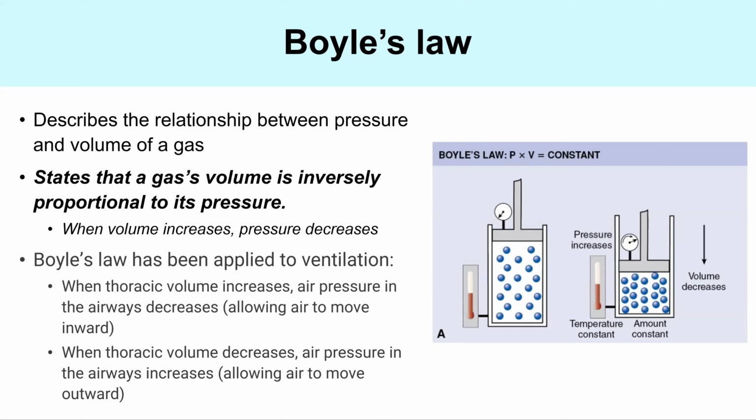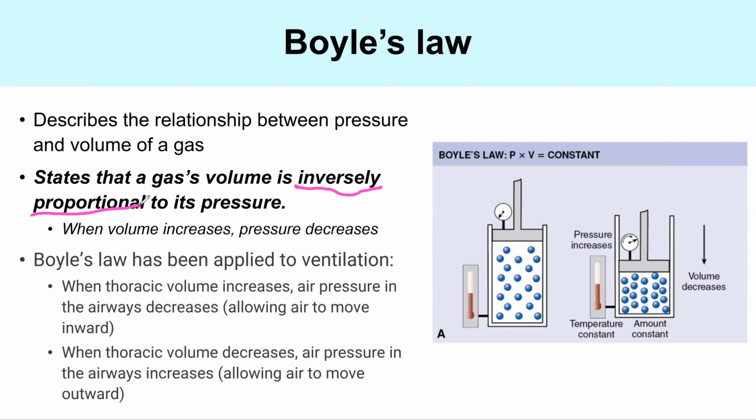And the really important words to pay attention to here are inversely proportional. Very important words to highlight, because what that means is that if one thing increases, the other will decrease. And we have actually talked about Boyle's law before, but I've never actually told you that this is the name of the law that we're describing.